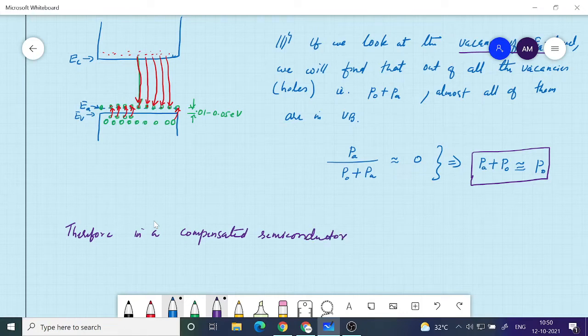A compensated semiconductor is a semiconductor in which we add both Nd and Na. That means acceptor impurity as well as donor impurity atoms in the same semiconductor. Sometimes that is done.